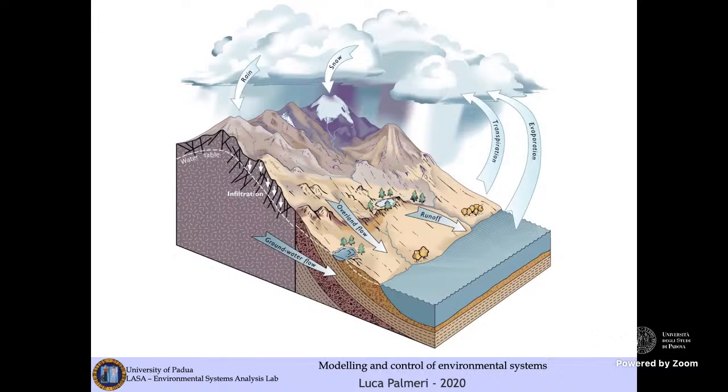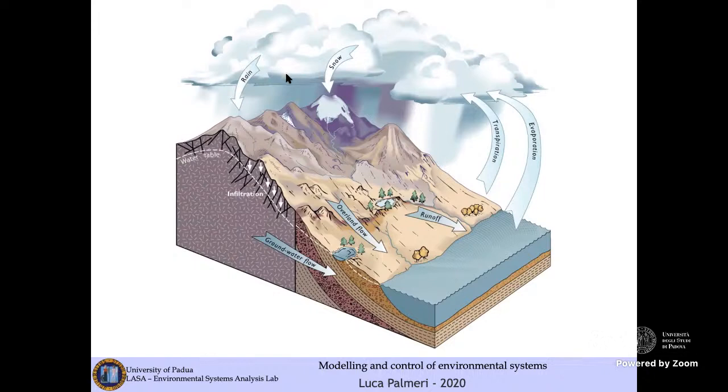We shall first of all give a look at the cycle of water. Very trivially, I imagine you already have an idea of it, but let's start in order to introduce the concepts and the terms. The cycle of water is closed on the surface of the planet in this way. First of all, water is accumulated in the atmosphere, in clouds.